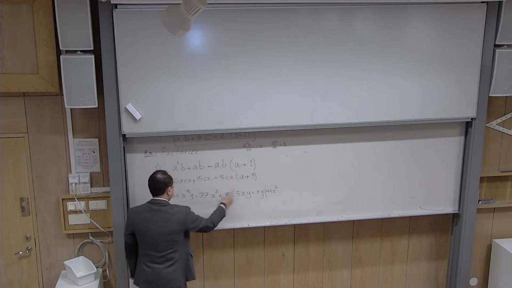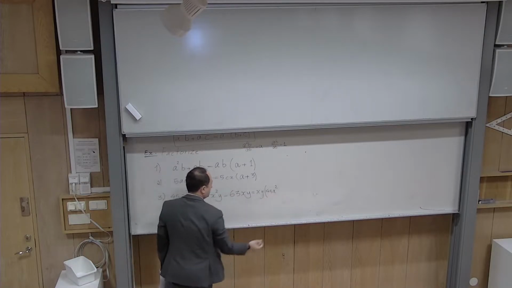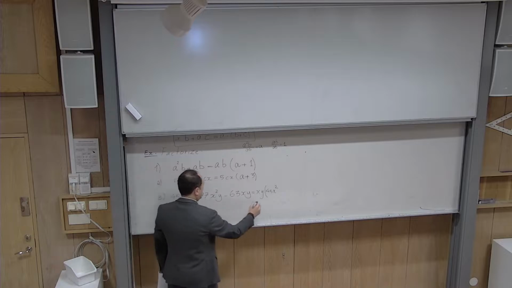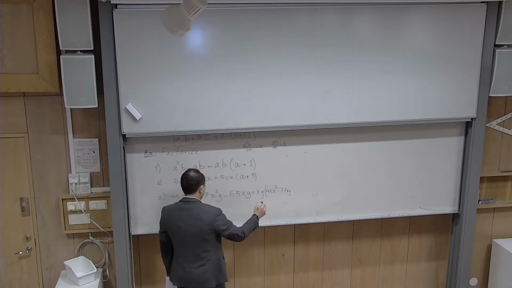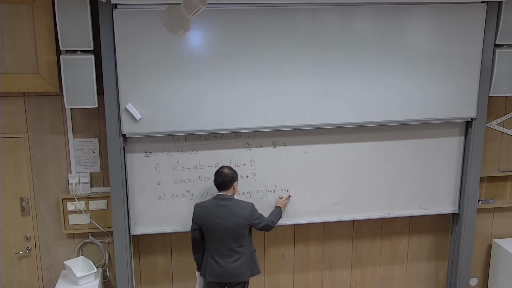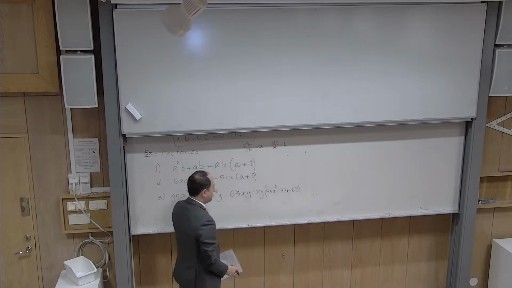Because 1x is pulled out, 2 of them are left when I divide. Y is pulled out, 1 is left, so I don't write 1. I just write like that. And then it becomes minus 77xy. And then finally, x and minus 63. Yes?